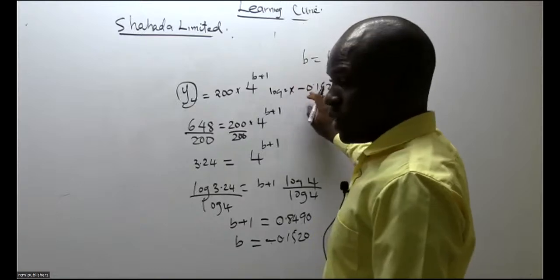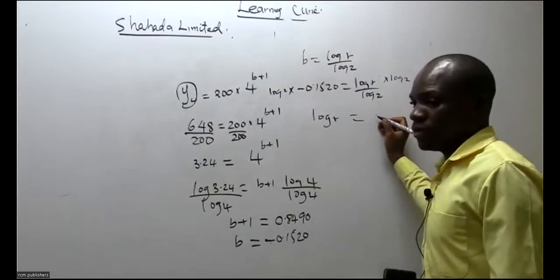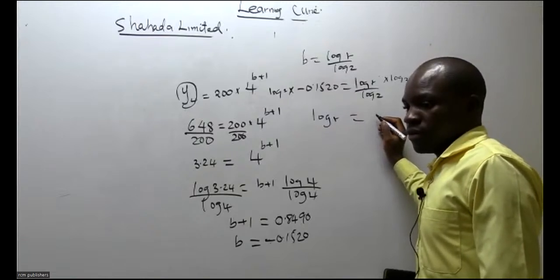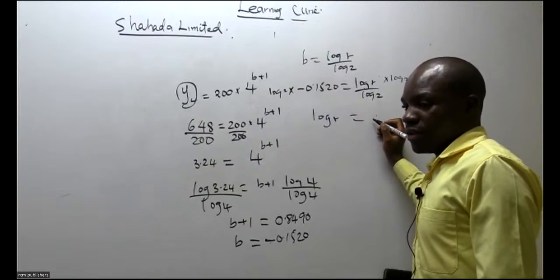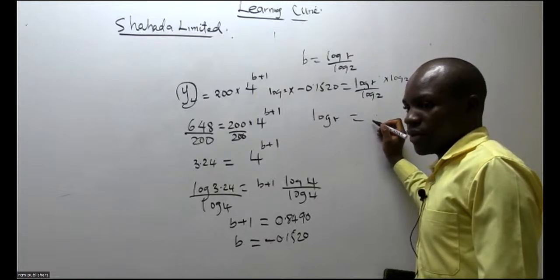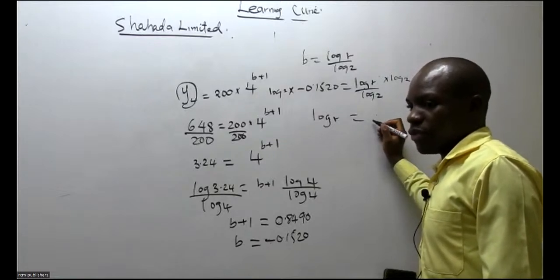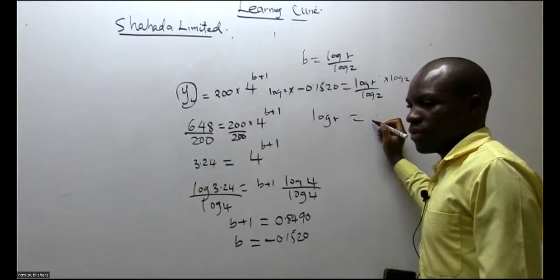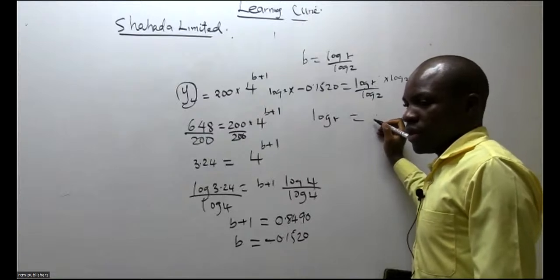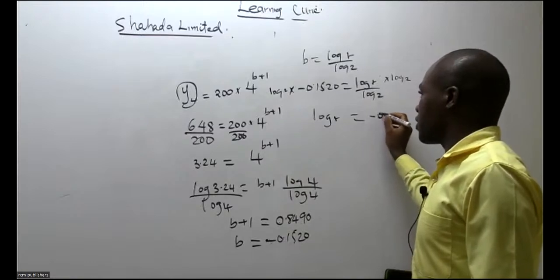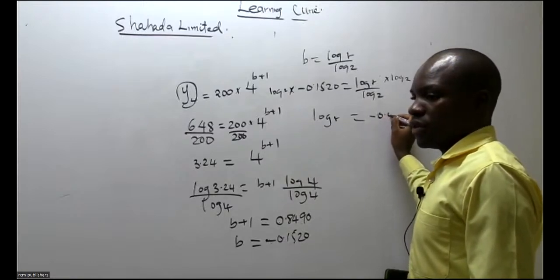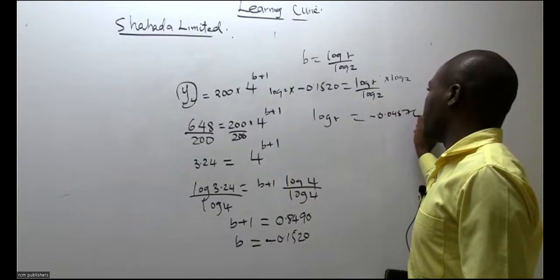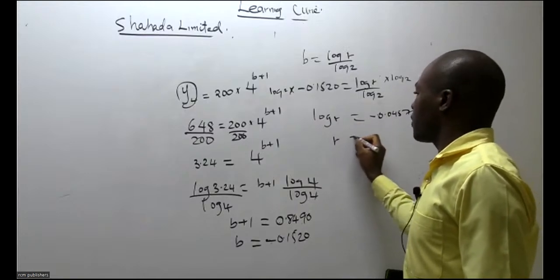Log 2 times negative 0.1520, what will you have here? Negative 0.04576. So give me the antilog of that.